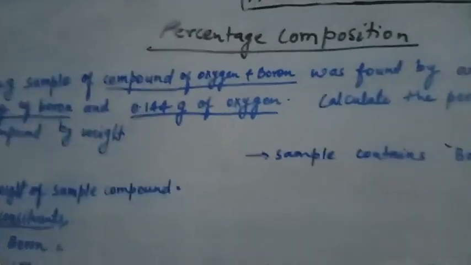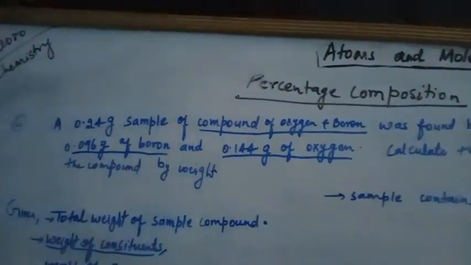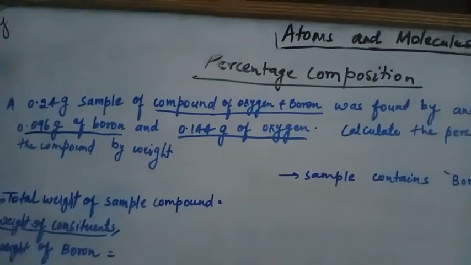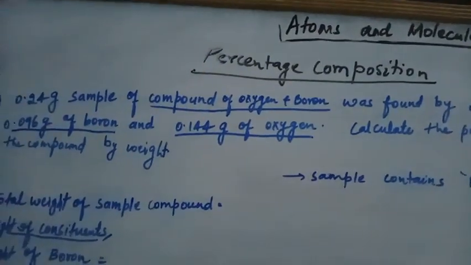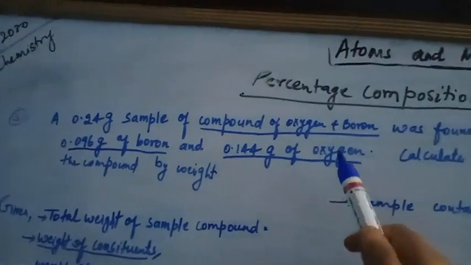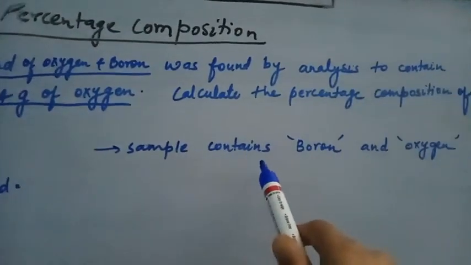So in the question, you have come to know that there is a sample of a compound of oxygen and boron. So there is a sample which contains the compositions boron and oxygen. That means the sample compound is made up of boron and oxygen.